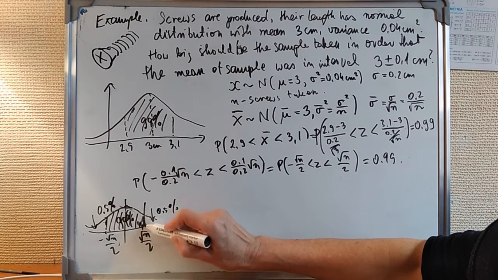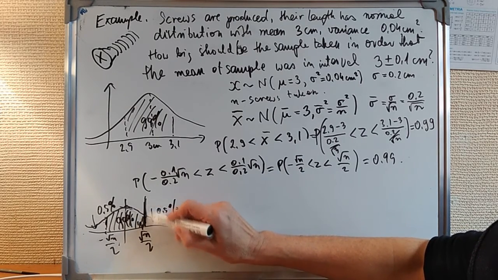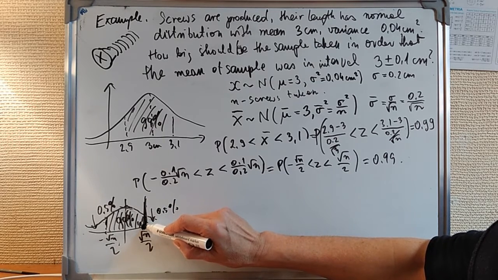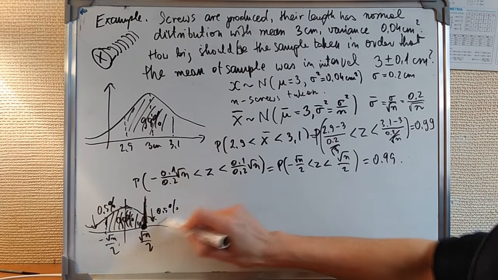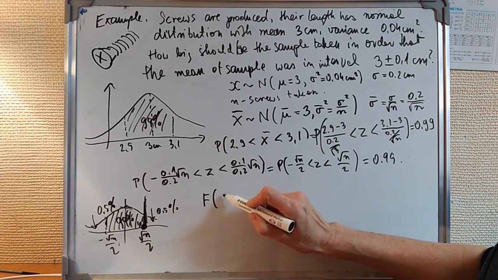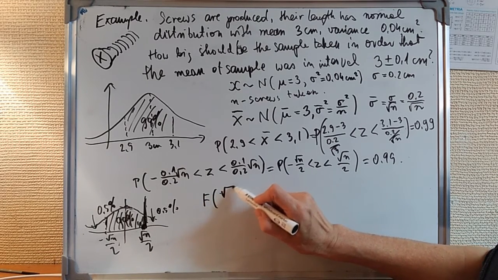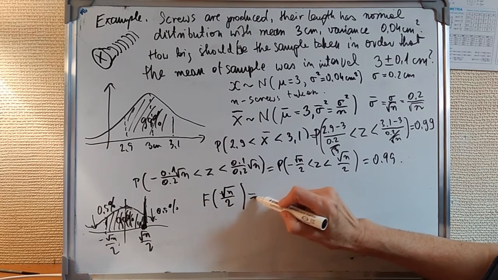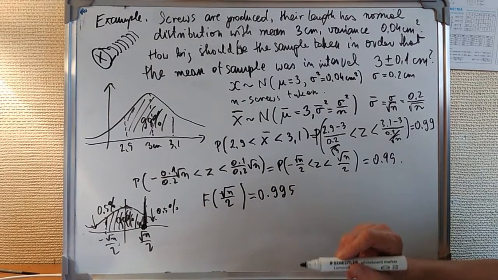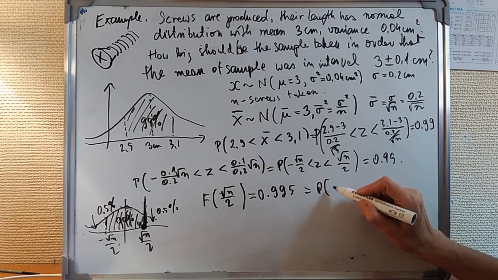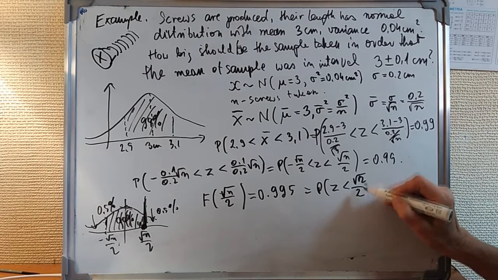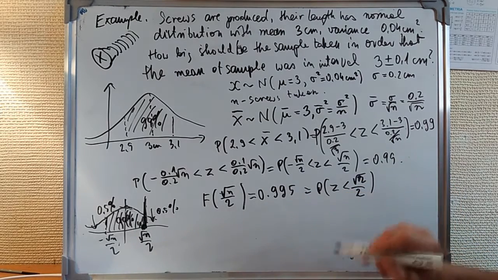So practically, if we want to use the cumulative distribution function, we're searching for this point, but the cumulative distribution function at this point should be 1 minus 0.5%, okay? So F of this should be equal to 0.995, okay? In other words, the probability that z is less than square root of n by 2 should be equal to this.